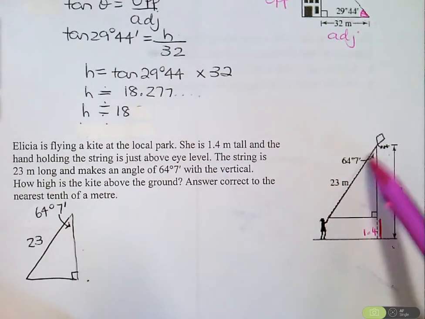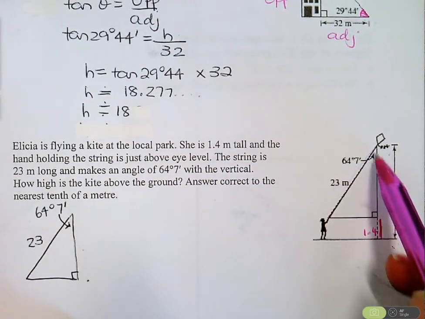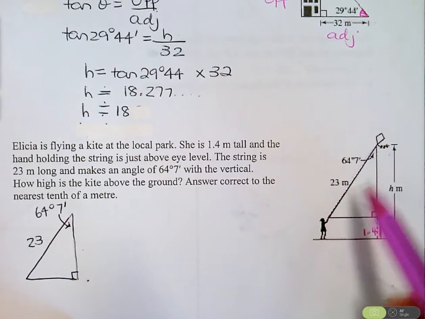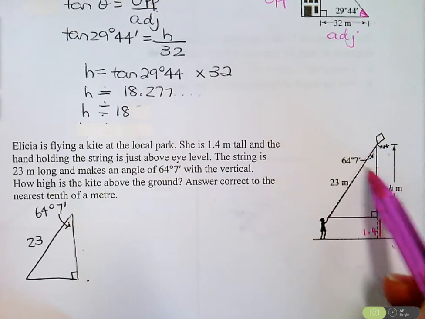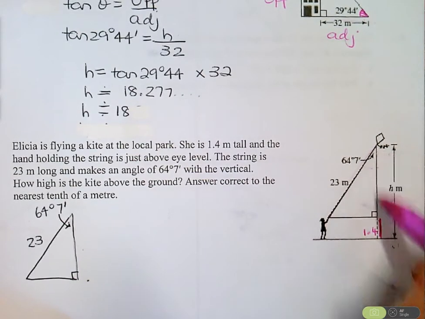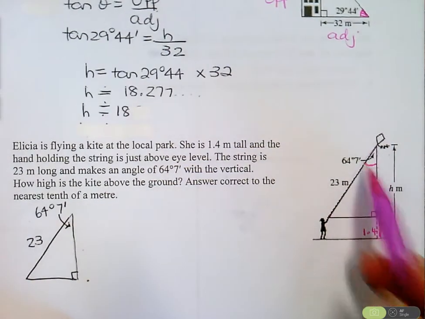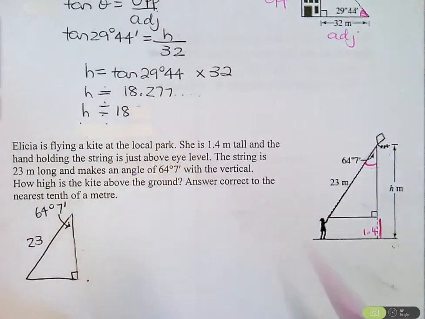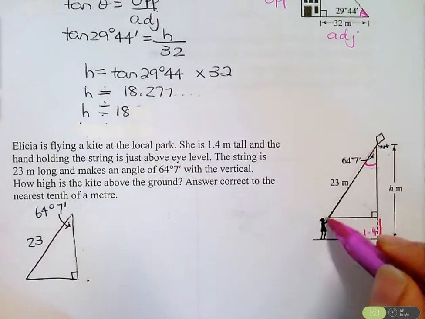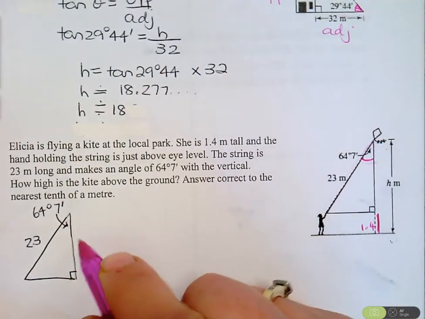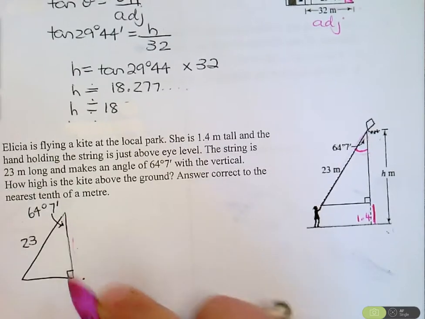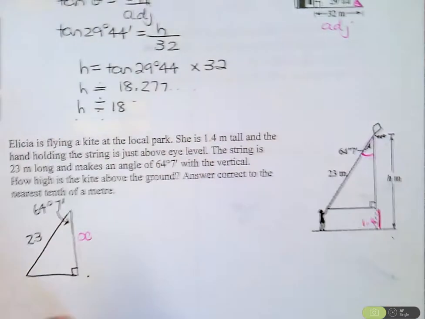All right, the string is 23 meters long. And the string makes an angle of 64.7 degrees with the vertical. Now, that's a vertical line, so the angle in here is the angle with the vertical. Now, it says how high is the kite above the ground. Girls, you can only work within the triangle and work out this. This is not the height, so I'm just going to call this x at the moment.